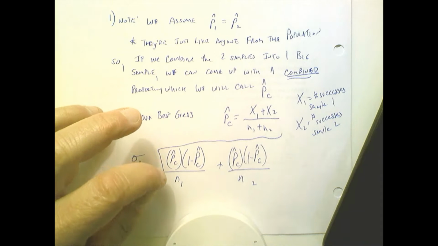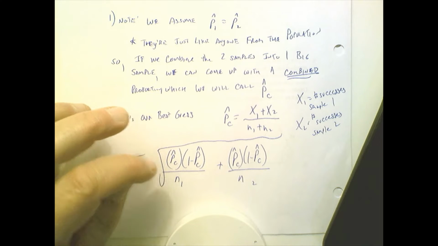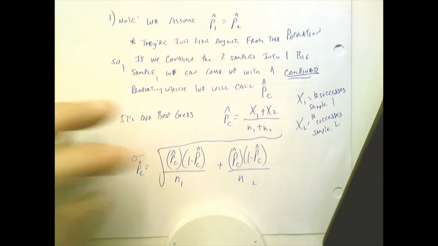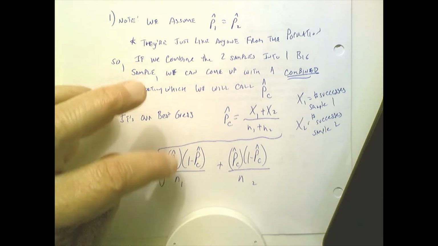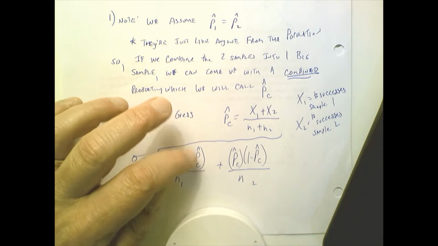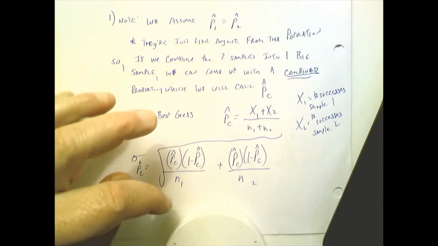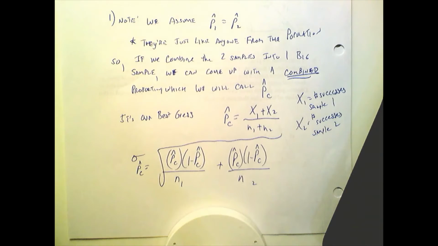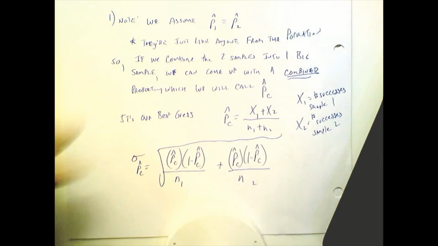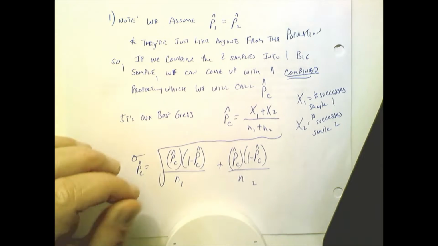In the textbook, they might call it the pooled proportion, P-O-O-L-E-D. We pooled both of these two different samples together into one big one. So p̂_C times 1 minus p̂_C over n₁, that's for the first batch, plus the same for the second batch. Again, notice the same parameters going into our numerator.